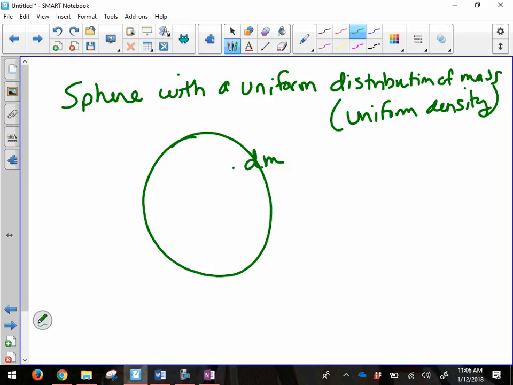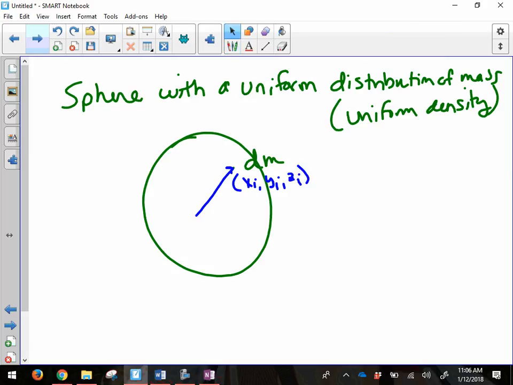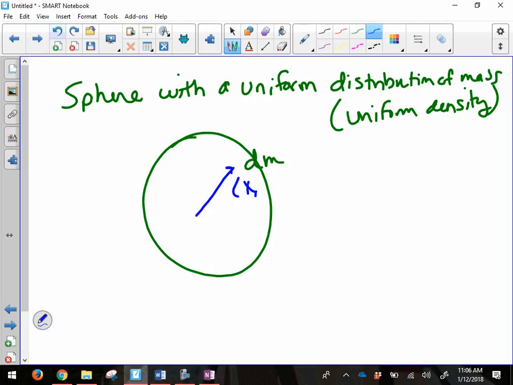It's a differential, as we'll find. And it's going to be located at some position xi, yi, zi. Actually, I take that back. It's going to be located at x, y, z.